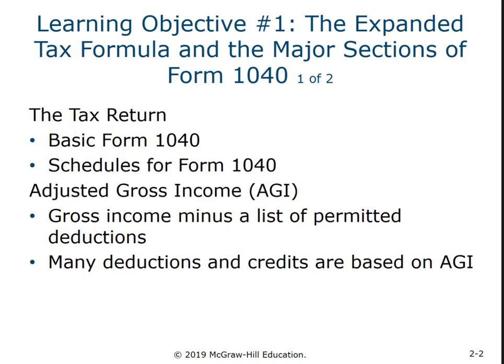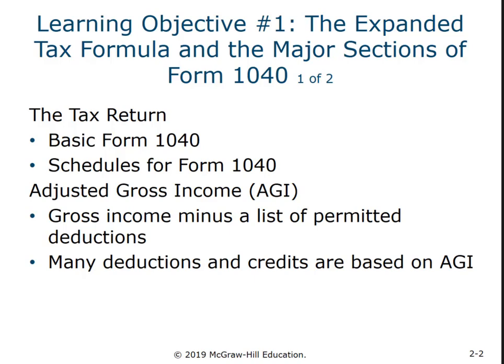So the definition of adjusted gross income: if you look at Part 2 of Schedule 1, those are adjustments to income. Those are things that are subtracted. So when it says gross income minus the list of permitted deductions, those are what we refer to as the permitted deductions.